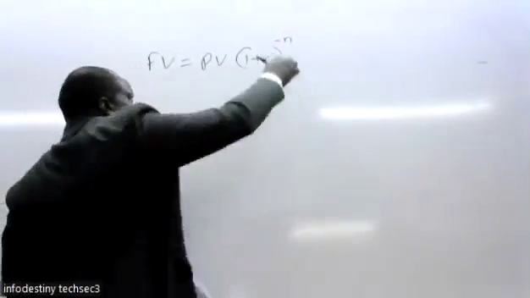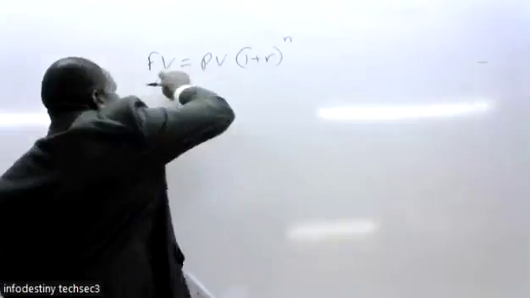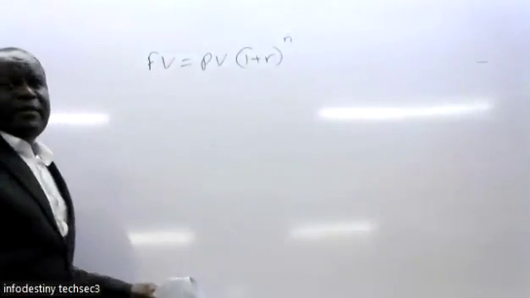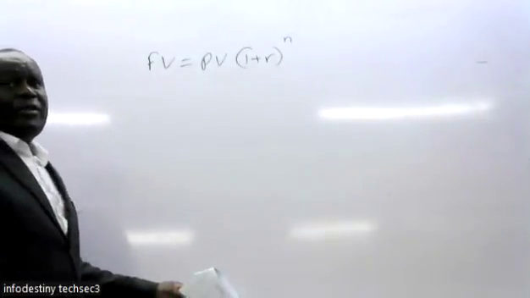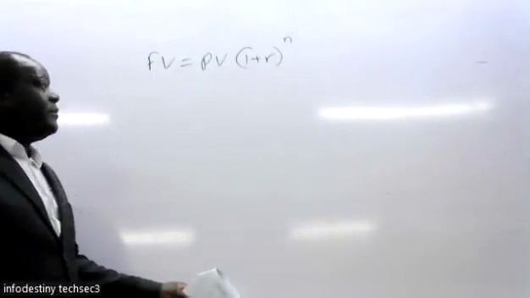So that's not negative, but just n, because we are looking for the future. The present value is when we put there negative n.